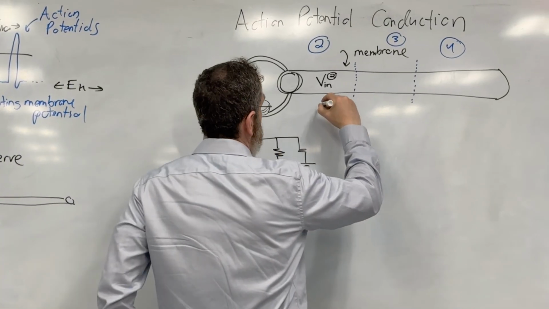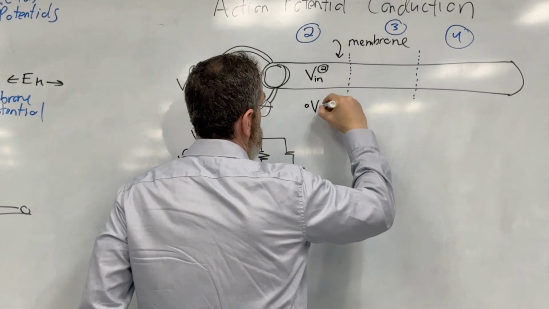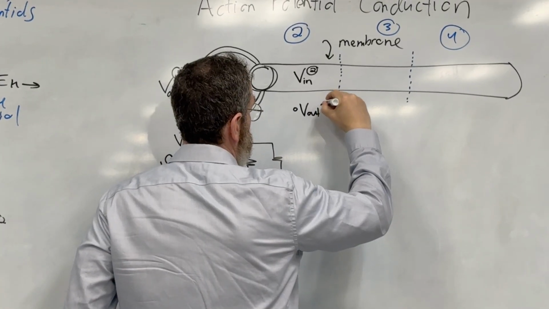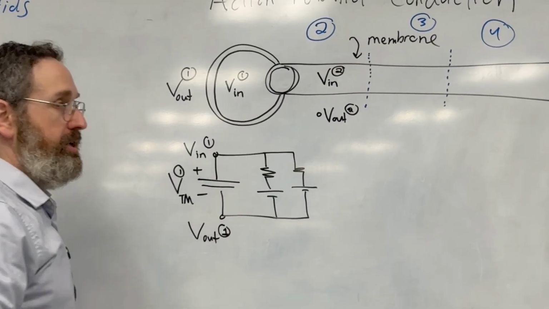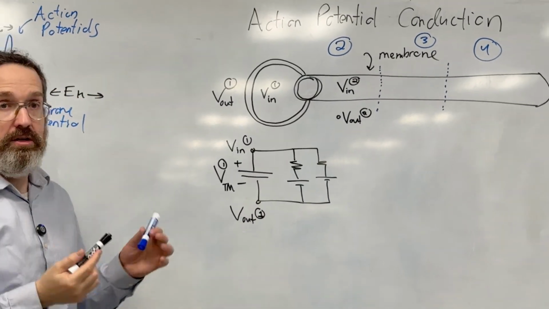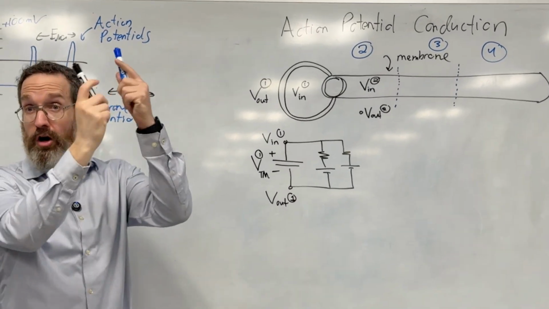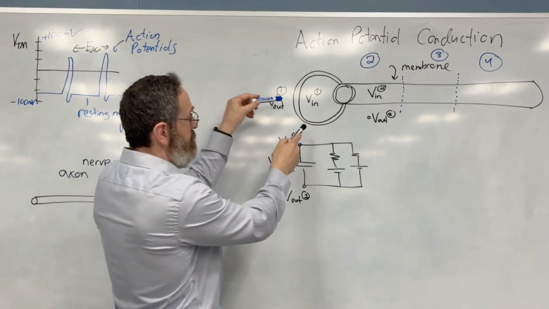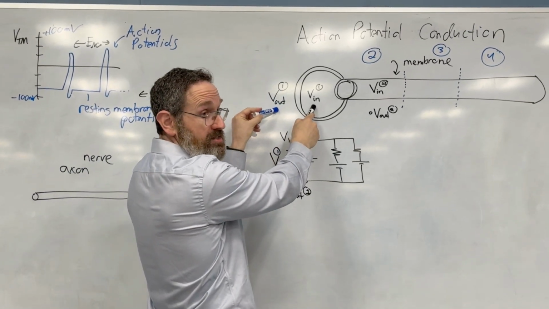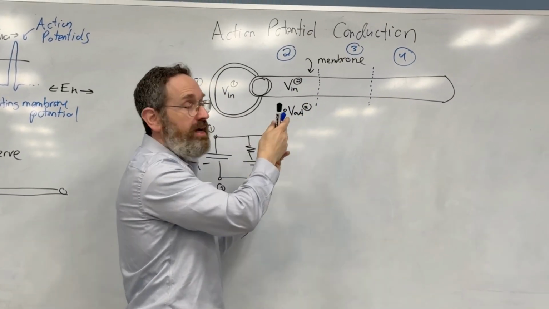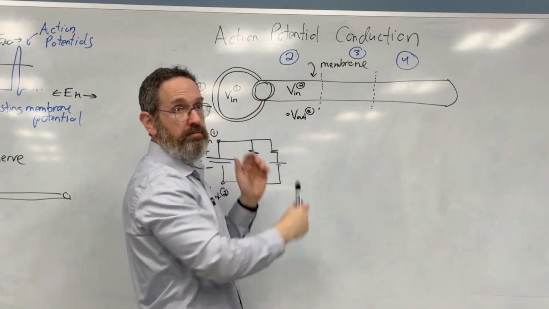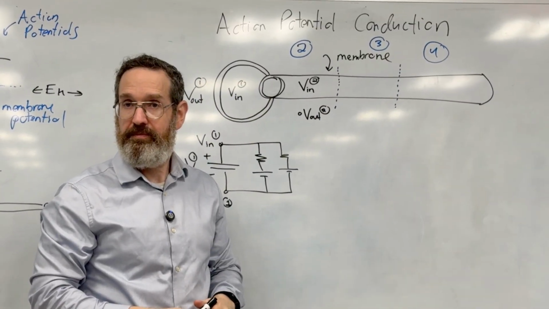And I have a voltage outside as well. And so therefore I also have a transmembrane potential here. So what does that mean? If I took my voltmeter with my 2 prongs, right, and I measured a certain voltage here, and I get some value, like -50, and I measure it here, they don't have to be the same. It's like a different compartment, right?